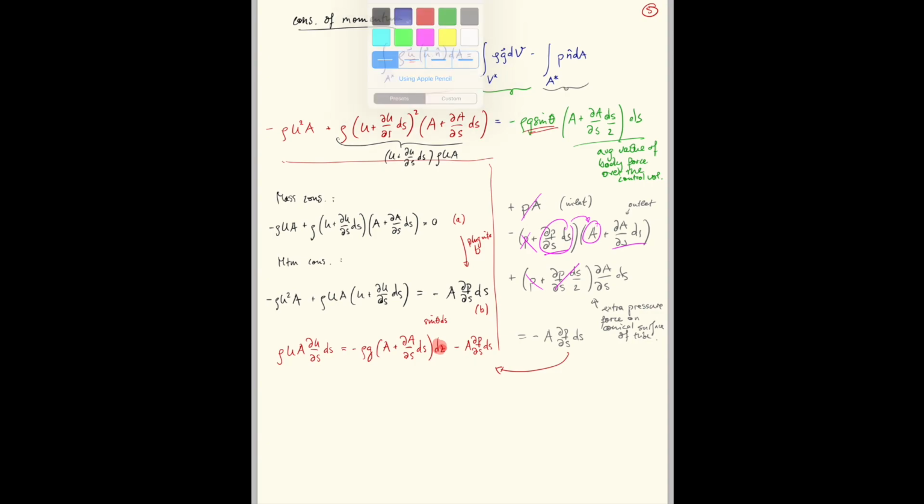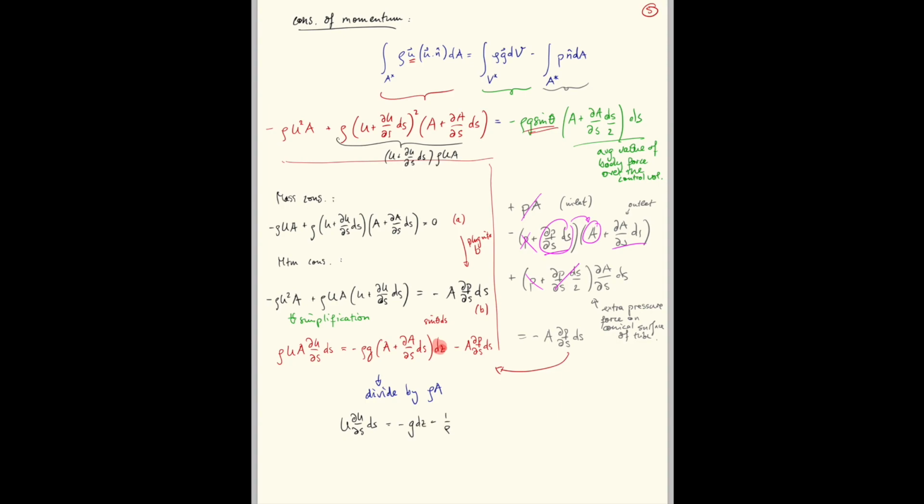Now let's divide by rho a. So I've skipped a couple of steps here, right? There's some simplification that you should make sure you can follow. And so then we have u du ds ds equals minus g dz minus 1 over rho dp ds ds.